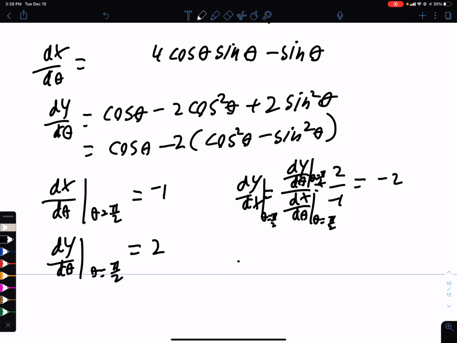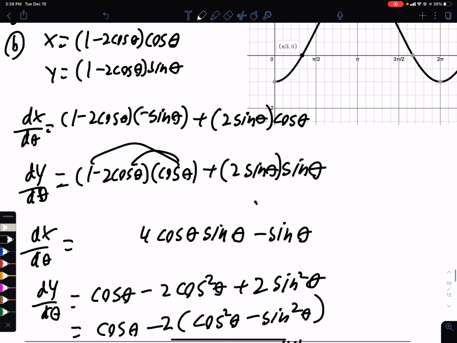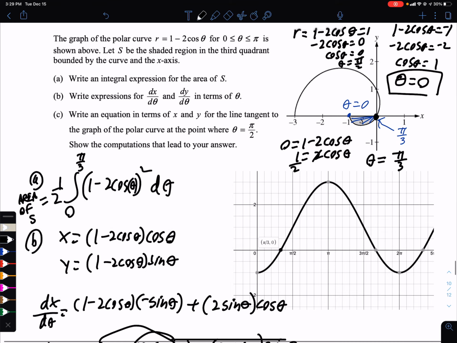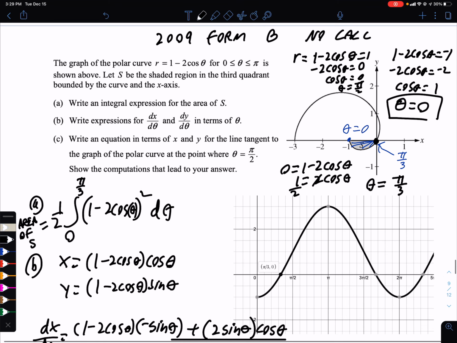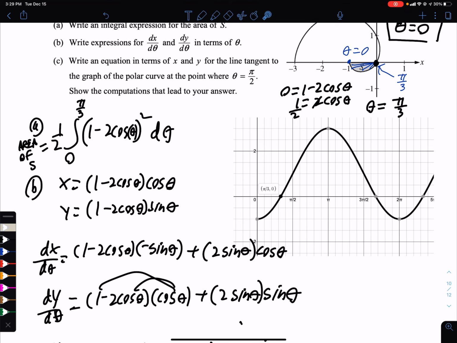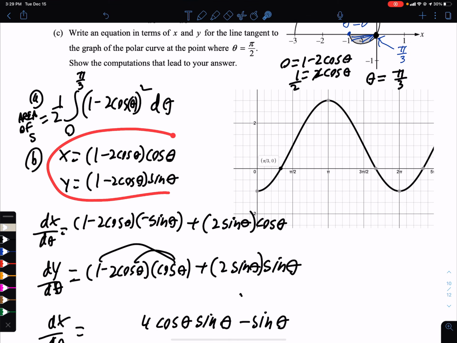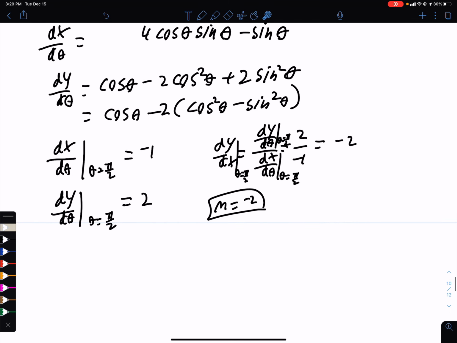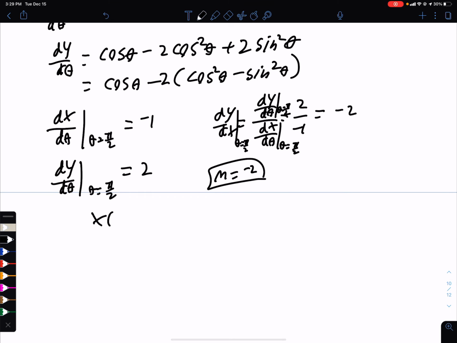So now we have the slope is negative 2. Now we need the x and y coordinate of those points. So we got to get x at pi over 2 and y at pi over 2.